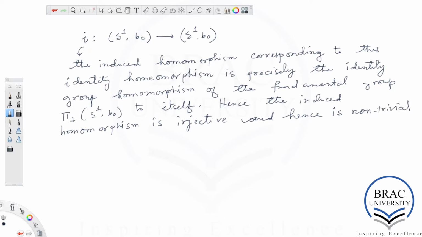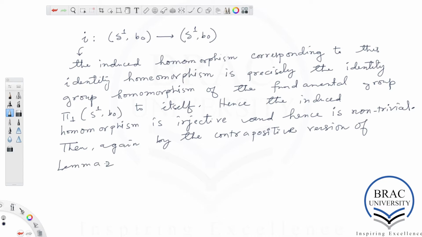So again, by the contrapositive version of Lemma 2, this confirms that I cannot be null homotopic.